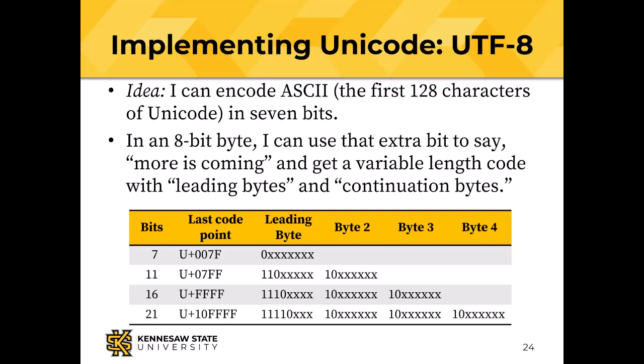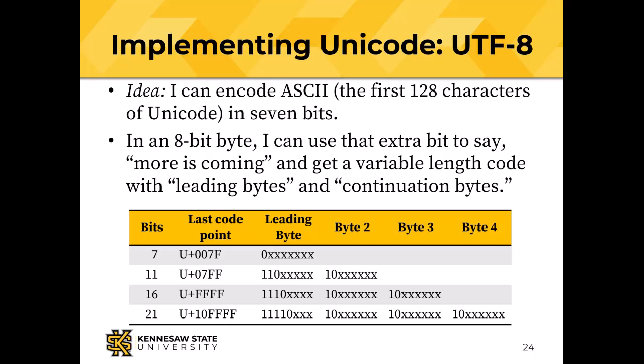If we need more bits, the leading byte's number of leading ones tells how many total bytes in the character. So if you look at the second line in the table, I have a 110, 2 leading ones. That means I'm going to have 2 bytes in the character. Continuation bytes always start with 10 and then have 6 data bits.